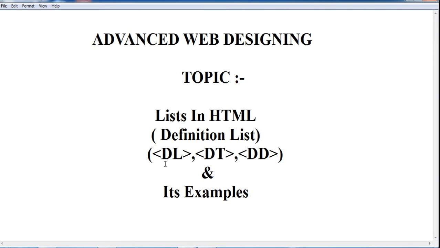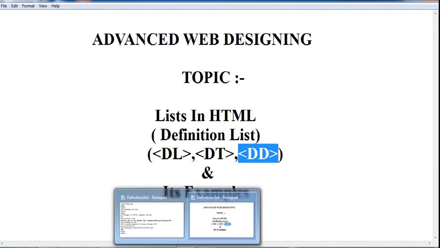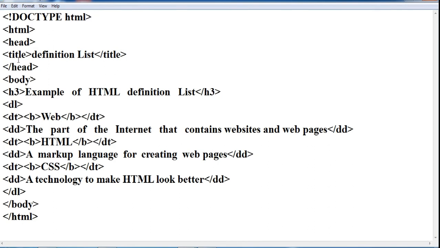So to create a definition list, you will have to use DL tag. To define the terms, you will have to write DT tag, and to write the definitions, you will have to write DD tag. Let's see, I have made one program here.